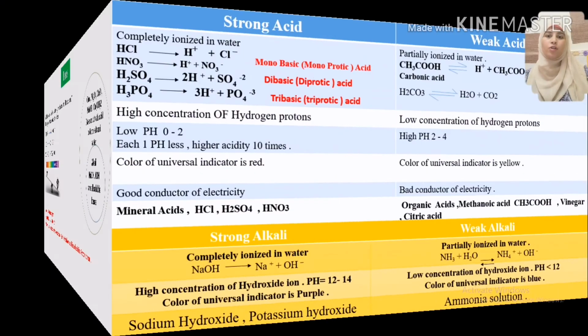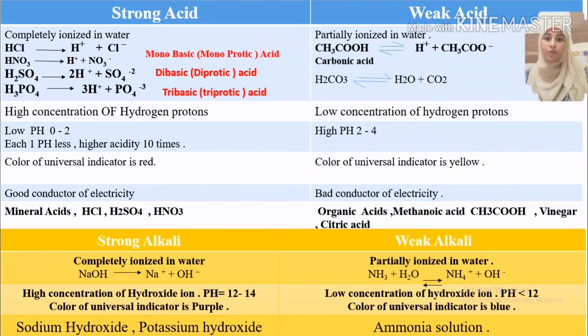Now we will start to transfer into the comparison between strong acid and weak acid, strong base and weak base, strong alkali and weak alkali. At first, strong acids are completely ionized in water. A strong acid will dissolve in water to give a very high concentration of hydrogen protons, like hydrochloric acid, completely ionized into hydrogen proton and chloride.